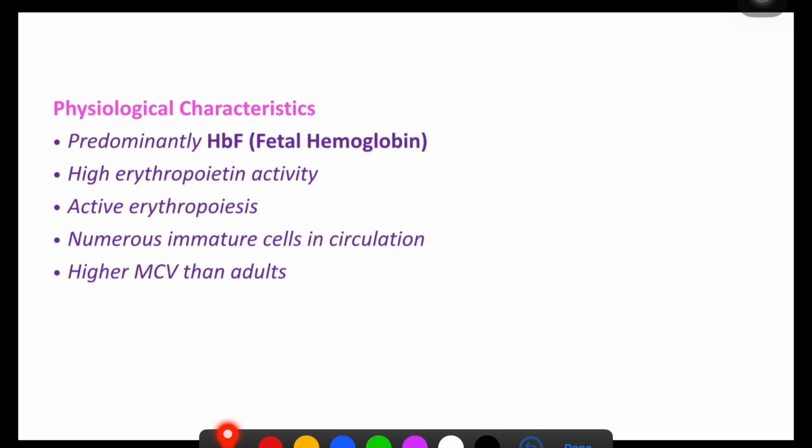So, if we see the physiologic characteristics, predominantly HbF is there, high erythropoietin activity, active erythropoiesis, numerous immature cells in circulation, and higher MCV than adults at that stage.